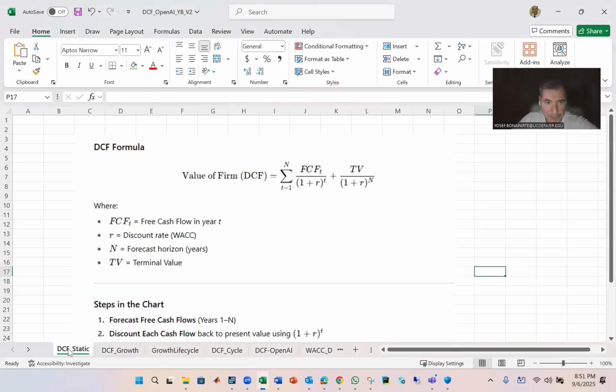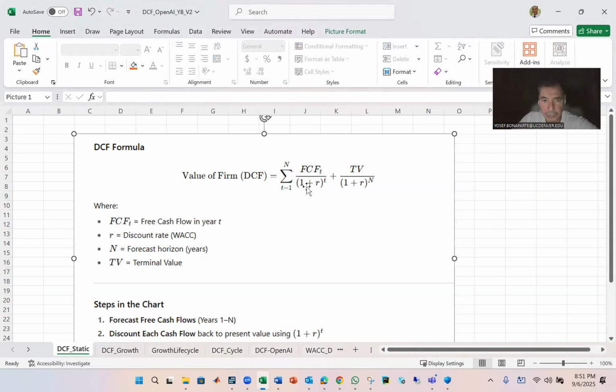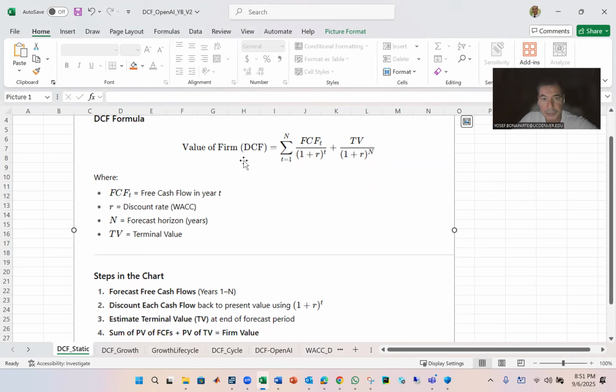There is a static model for DCF, which is free cash flow divided by (1 plus R) to the power T. R is the discount factor, T is time. You use the sum, and then at the terminal, suppose the cash flow is 50, then from n to infinity it would be 50 divided by (1 plus the discount factor) to the power n, and the sum will be the firm value.